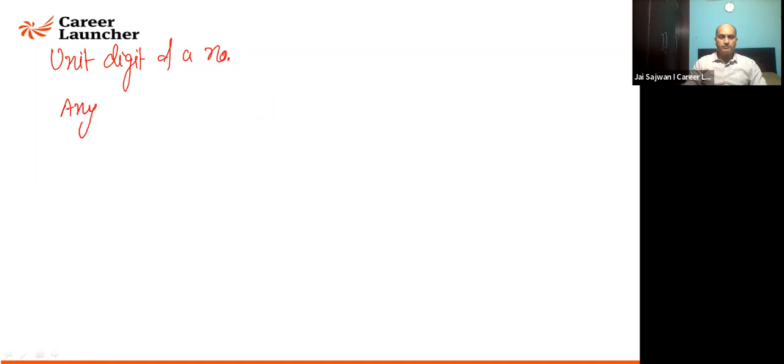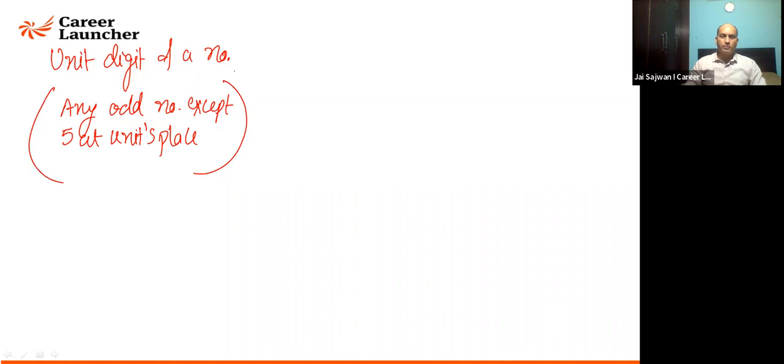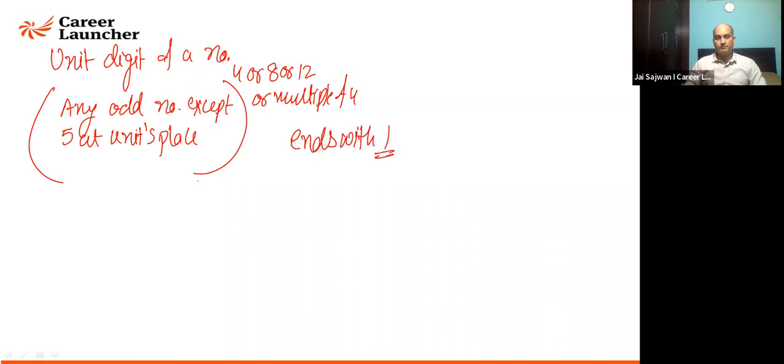So now the last part is how to find out the unit digit of a number. Any odd number except 5 at units place, means unit digit, to the power of 4 or 8 or 12 or multiple of 4, ends with 1.